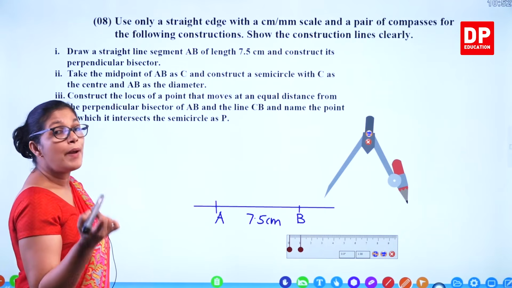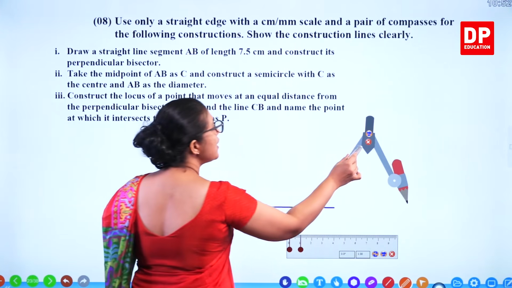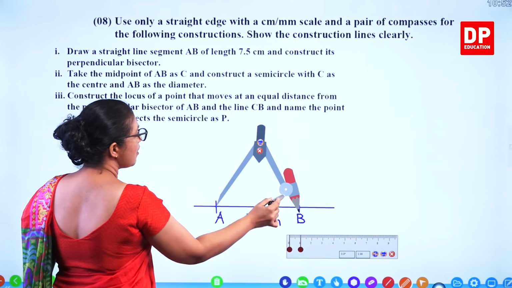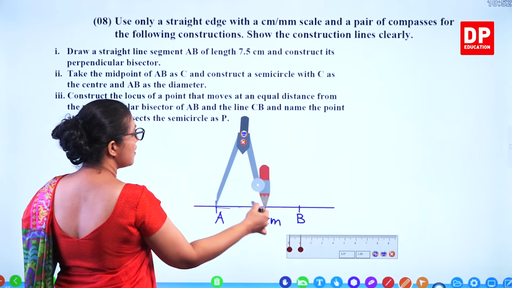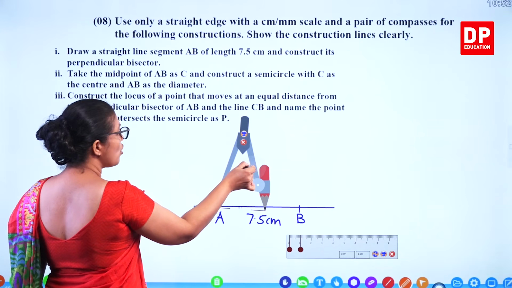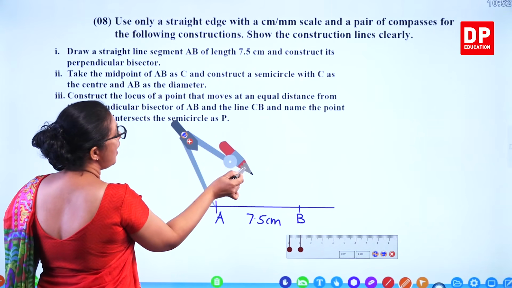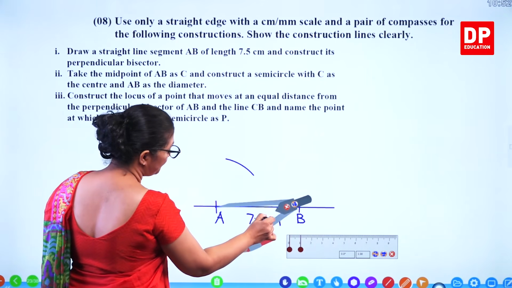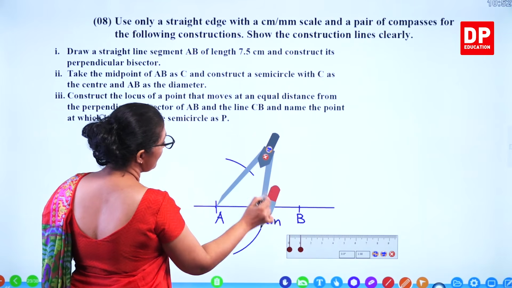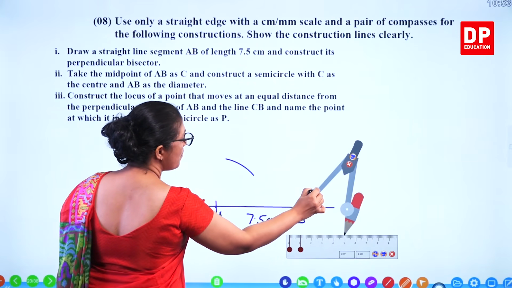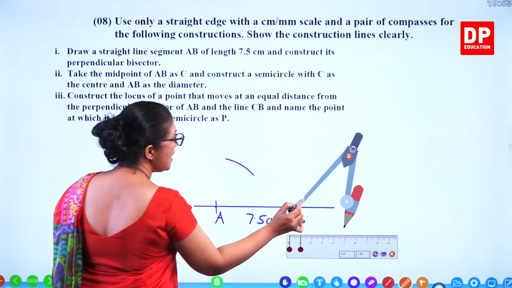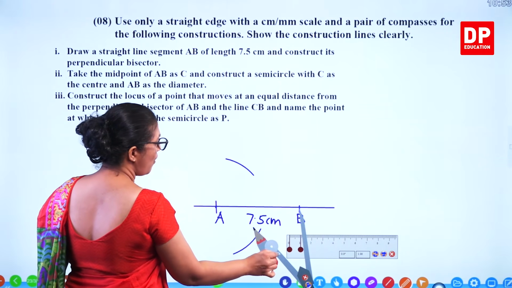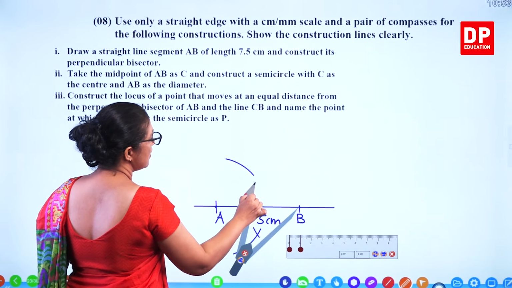And construct the perpendicular bisector. How do you draw the perpendicular bisector? Take any length you like, but more than half the length of AB. Keep the compass on top of A and draw an arc above as well as below. Then keep the compass on top of point B and do the same thing so that you get the intersecting points. Here, can you see?